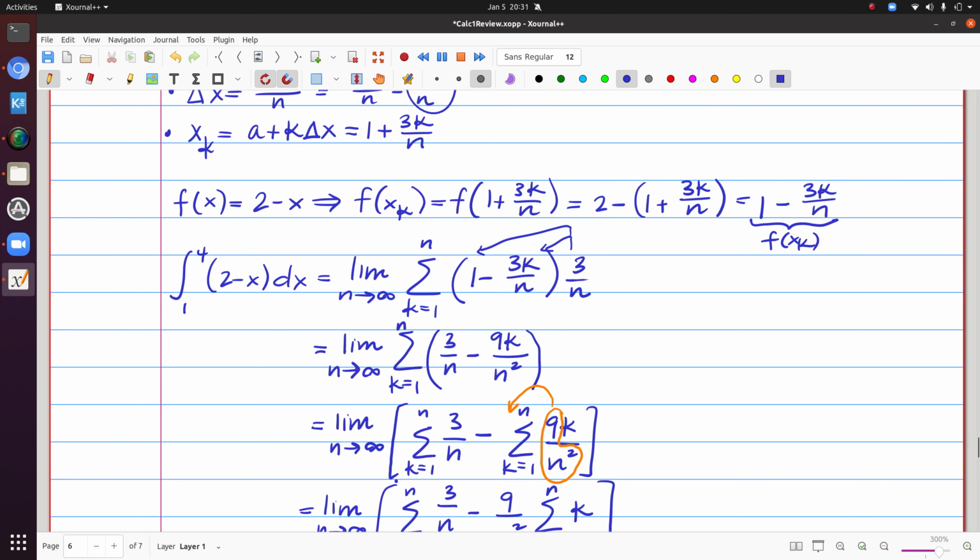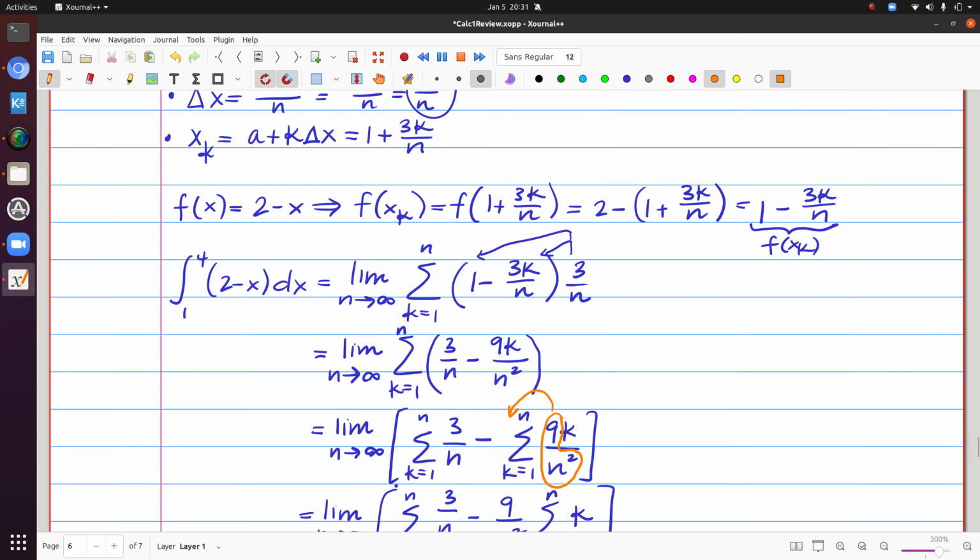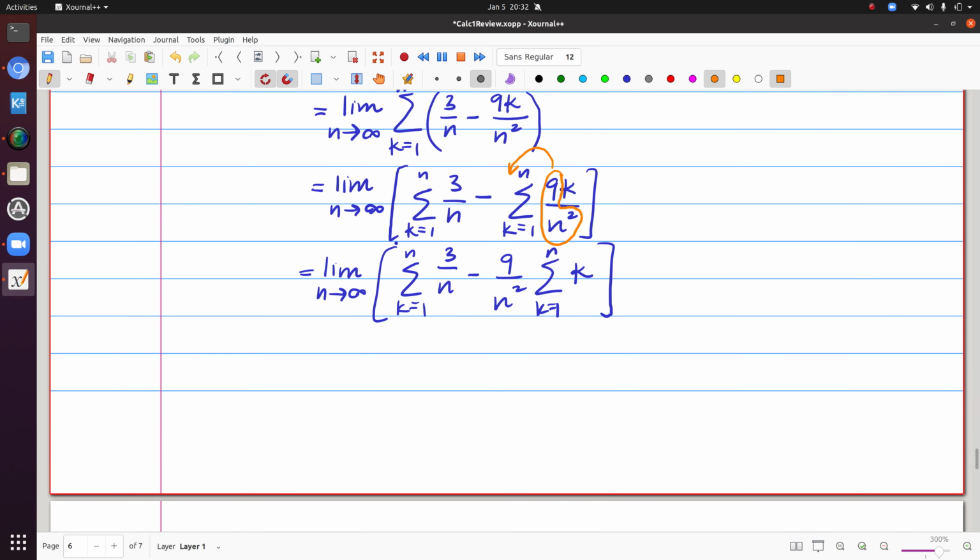When I evaluate that part, I'm going to use this formula I boxed in orange. I'm going to replace this with n times n plus 1 over 2, which is given.